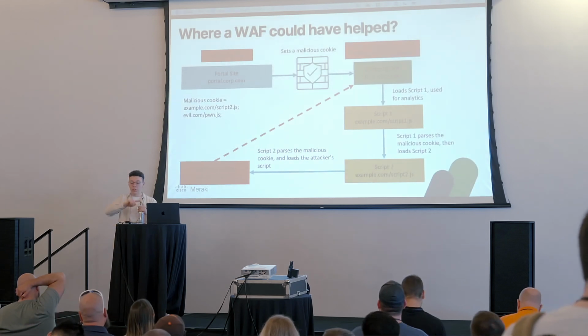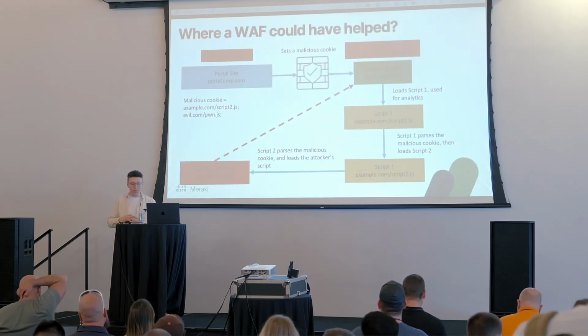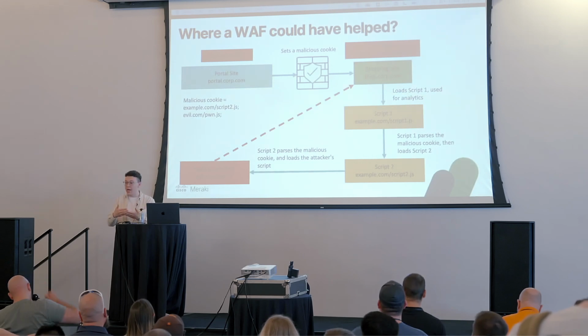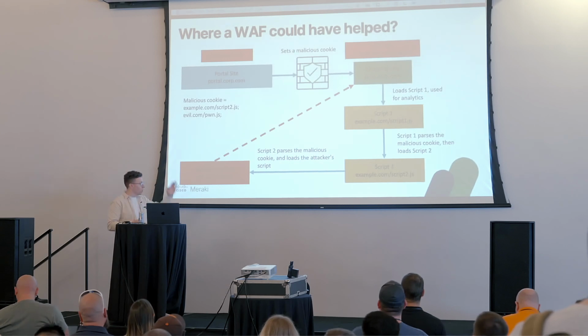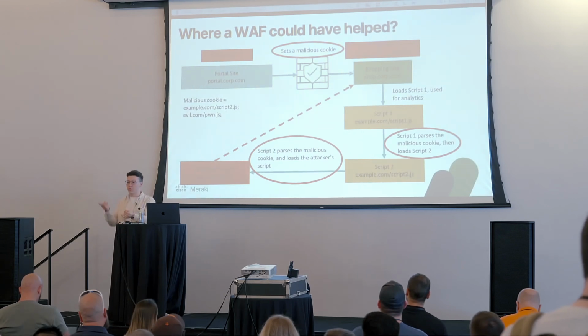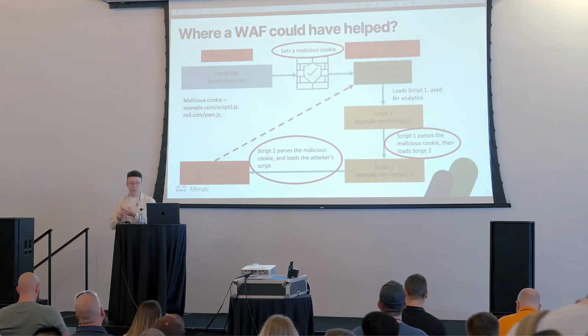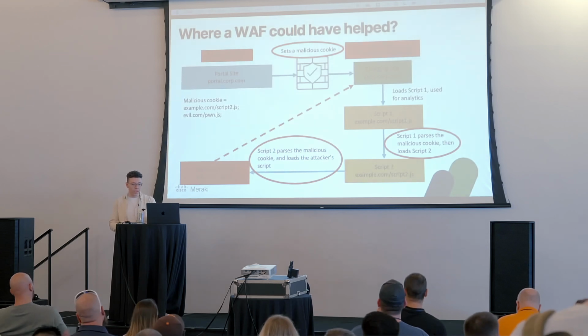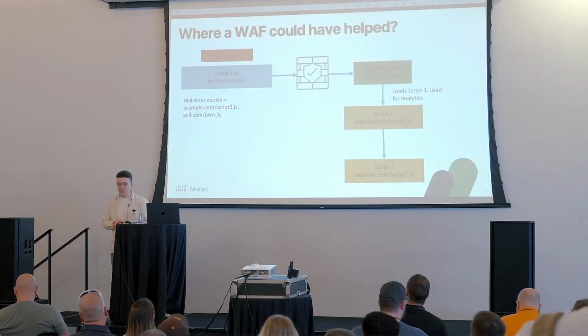And if the redirect didn't go through, the shopping site wouldn't have the malicious special cookie in the user's browser when it loads, thereby stopping the whole attack from continuing. And so that wouldn't allow setting the malicious cookie. Script 1 would never load script 2, and then script 2 would never have loaded evil.com, and then that would have prevented the DOM-based cross-site scripting.